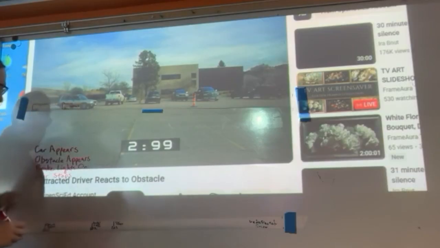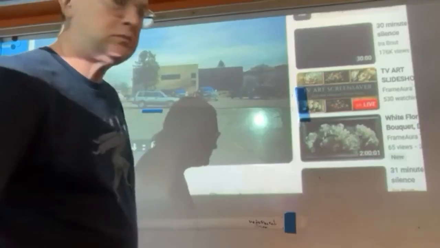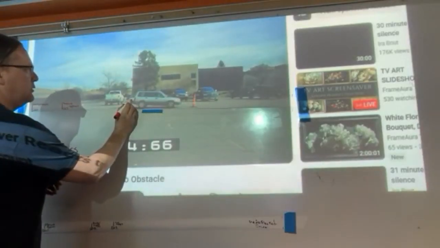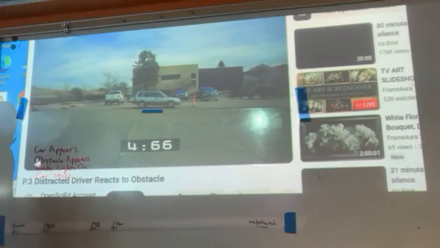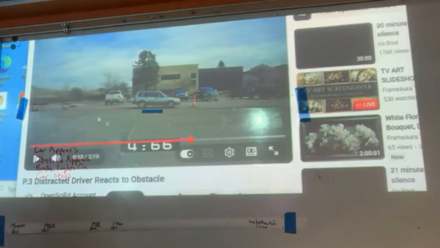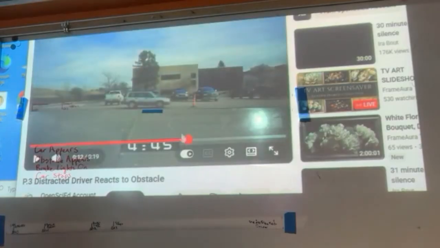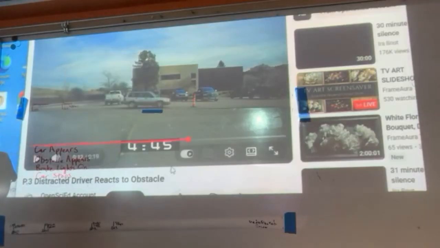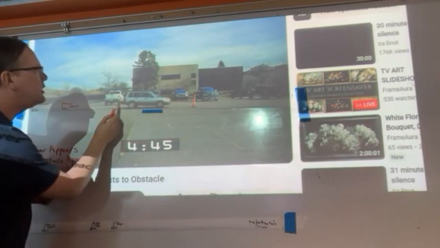Now, let's mark the position when the brake lights turn on. I see that the brake lights are on right here at 4.66. If I back it up one frame, the brake lights are not on.